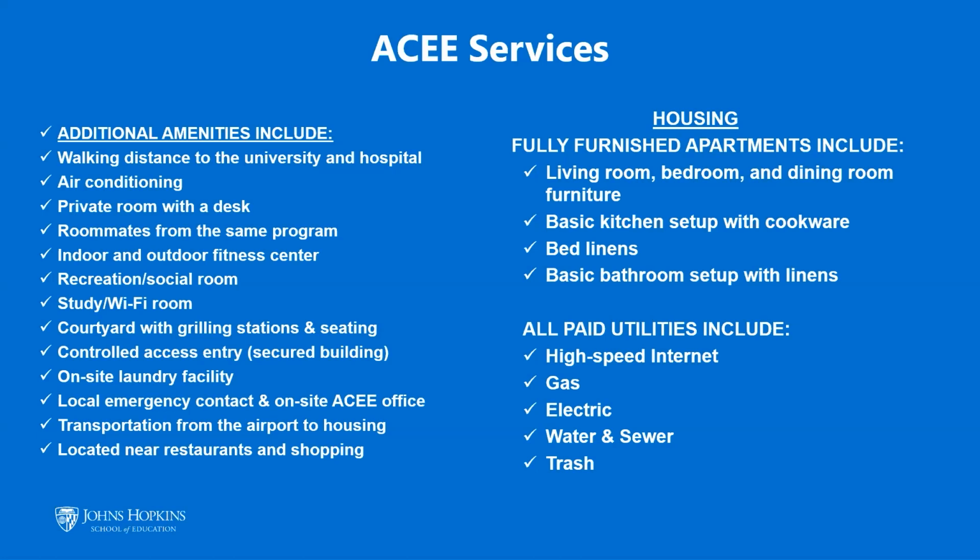All of the things that you would have to go out and buy for yourself right before the beginning of the semester is provided for you. The apartments are fully furnished, and all of the utilities are included in the cost of the apartment. So apartment services, housing services, are one of the two optional services that ACE provides. We can move on to the next slide.